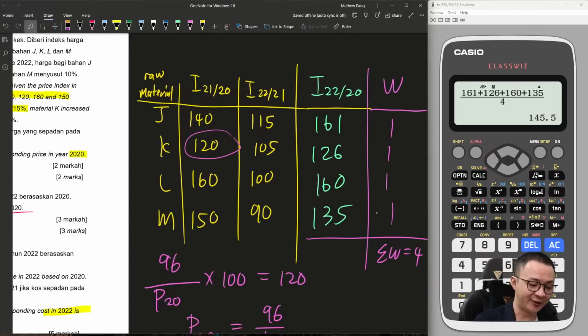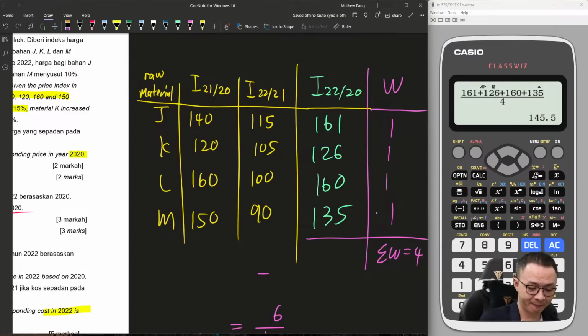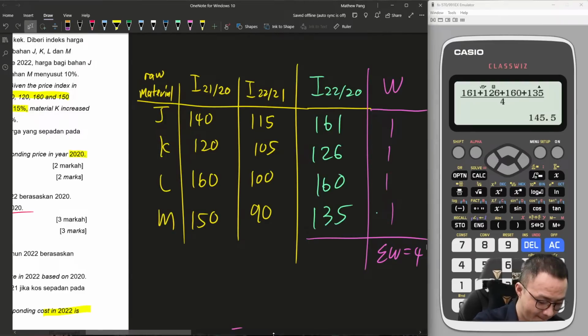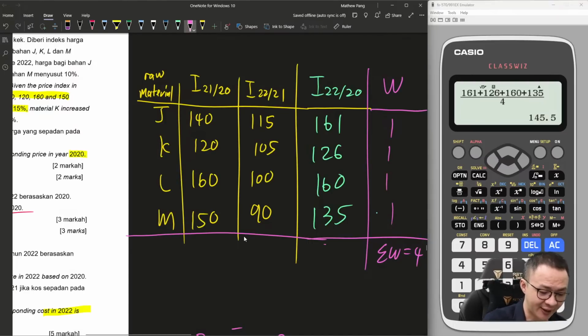So I want to find the composite index number for 21/20 and the composite index number for 22/21.